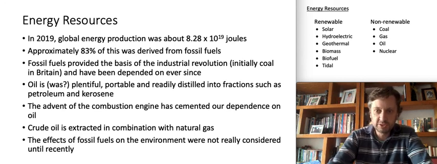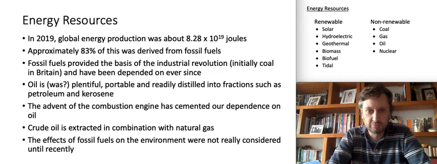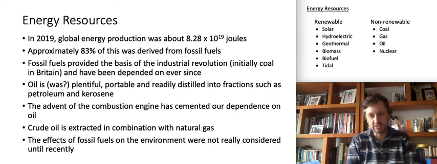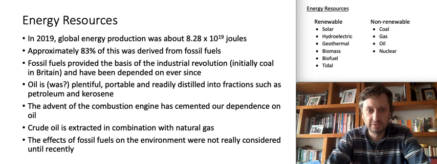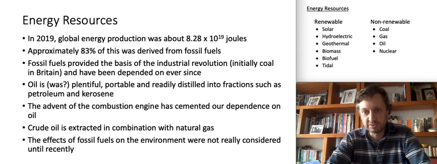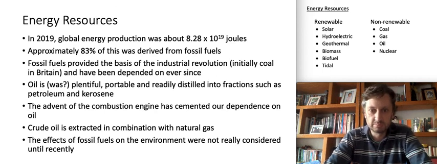One, it was the original fuel that powered the Industrial Revolution. Originally that was coal in Britain. And because of the infrastructure and the technology that developed directly from the Industrial Revolution, we've become dependent on fossil fuels and the infrastructure that we've created to support it. Oil has some advantages, which I'll look at a bit later in some detail, but it's plentiful, or it might be running out.